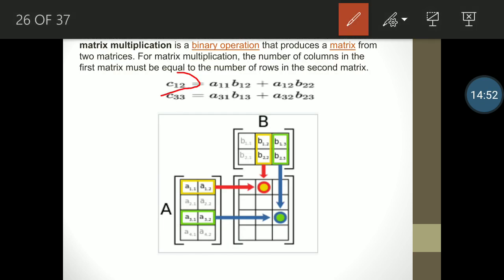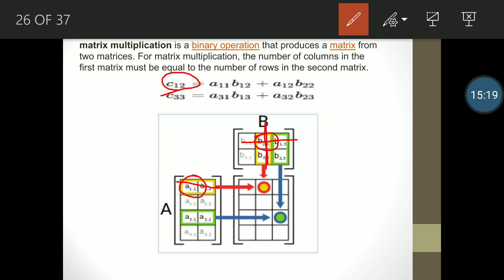So for C12, we have to take the first row and second column. This row, this column.